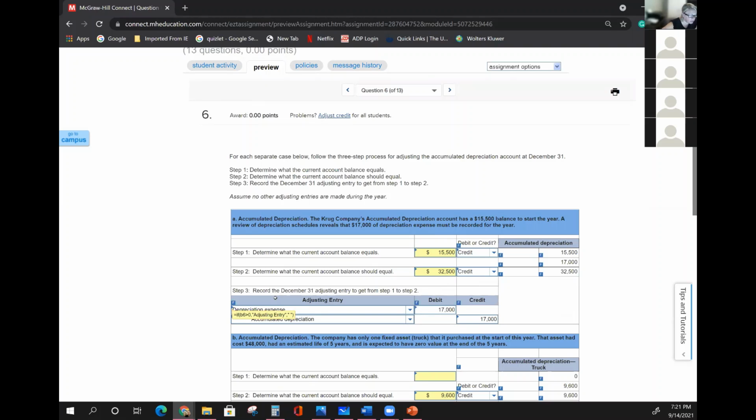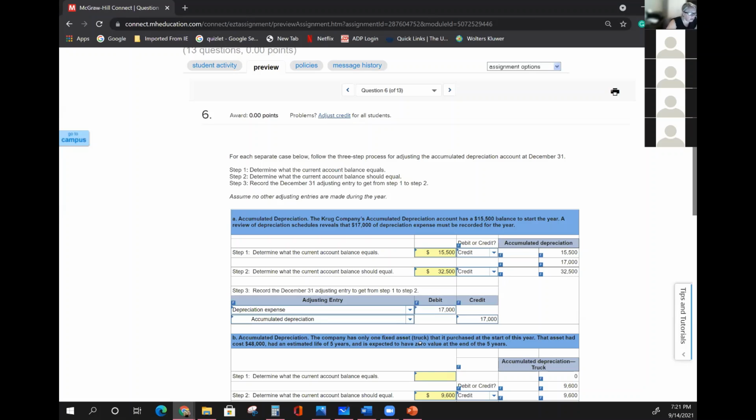All right, so what does the journal entry look like? This is the same as what we did earlier. We need to recognize an expense. Expenses are debits. So I'm going to do depreciation expense, not for the 32,500, because remember, the beginning balance was 15,500. That's already been expensed in a previous period. This period, we needed to do 17,000. So that's all I'm going to pull is 17,000 for my depreciation expense.